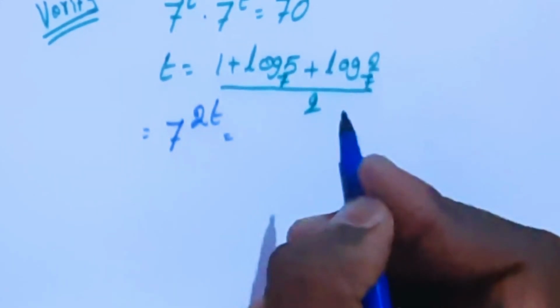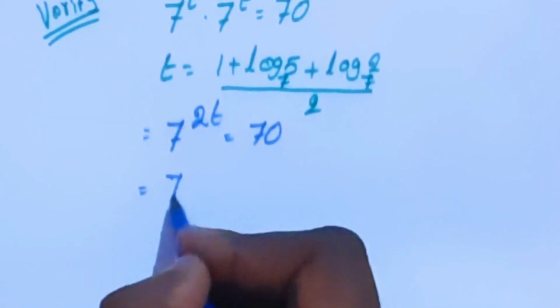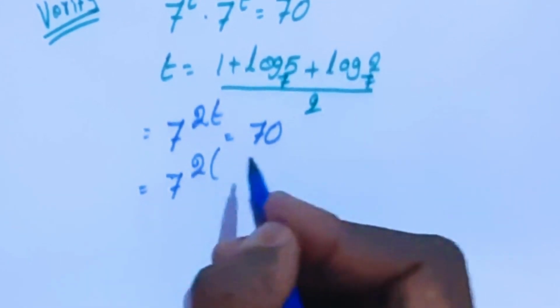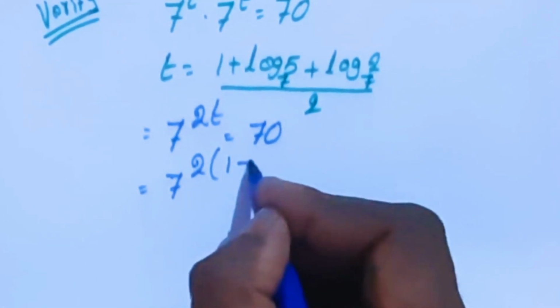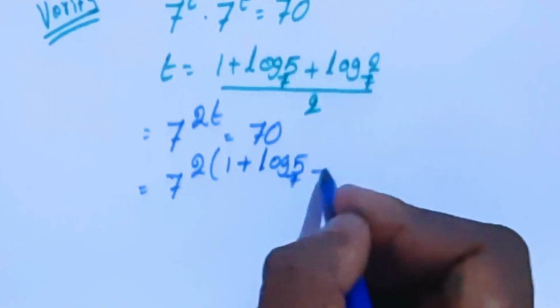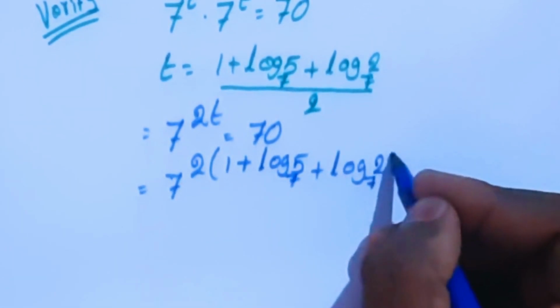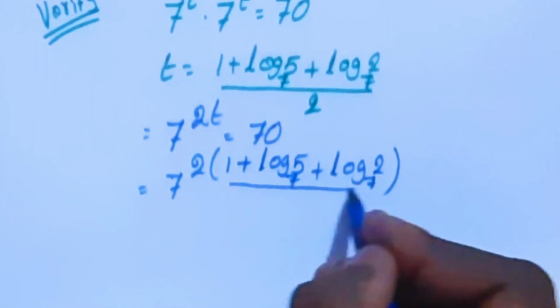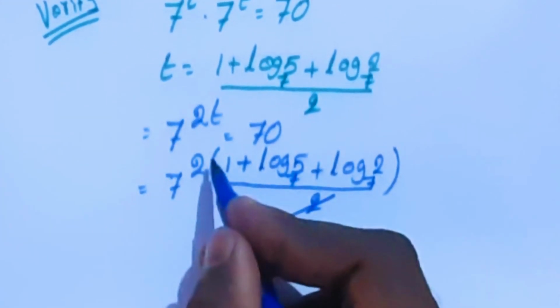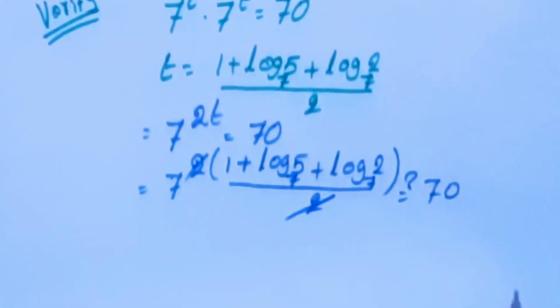So 7 power 2 times this t value we are going to apply here: (1 plus log 5 base 7 plus log 2 base 7) whole divided by 2. Now this 2 cancels this, so 70.